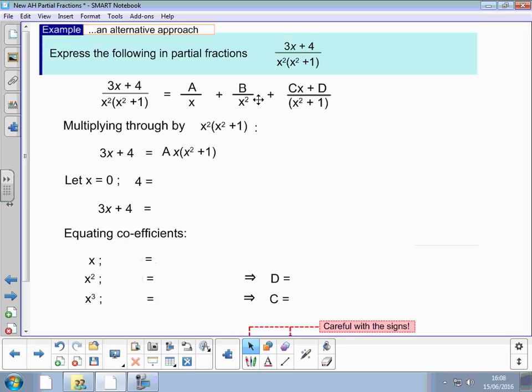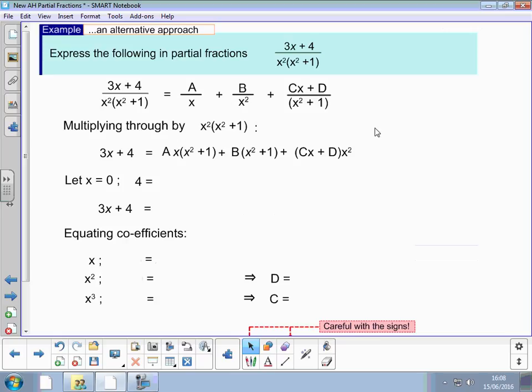Then if we look at the b term, because we have an x squared on the bottom here, it's going to be cancelled out by this x squared here, leaving us b times x squared plus 1. And then the cx plus d term, when we multiply it through by the denominator, the x squared plus 1s are going to cancel out, just leaving us with the x squared. And remember, of course, that you need to put the cx plus d term in brackets.